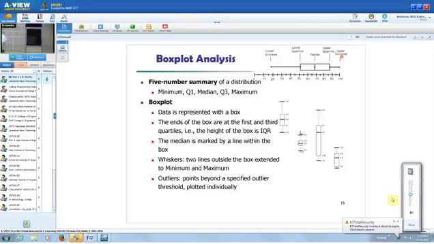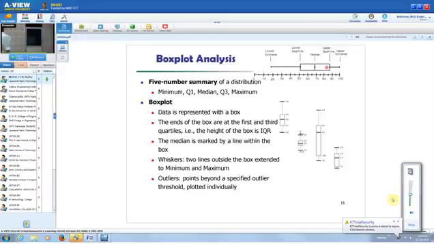So the beginning of Q3, that is the upper quartile, minus the lower quartile, the beginning of Q1. So the length of this box is the interquartile range, IQR.